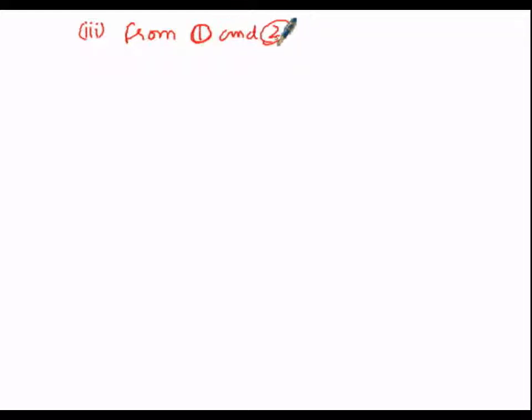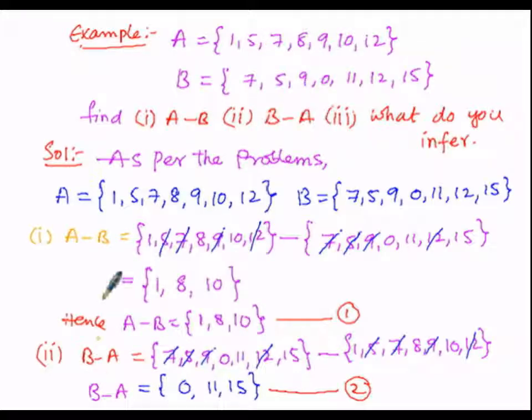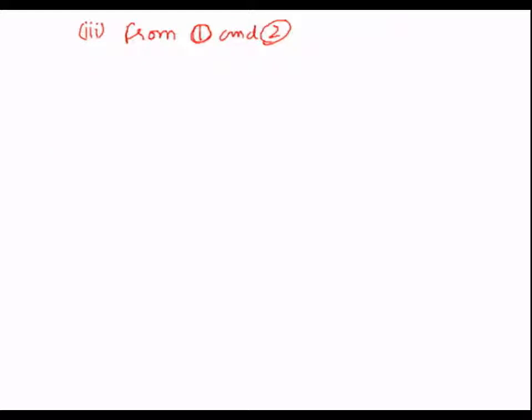From 1 and 2, the first one is A minus B. So here A minus B equals the set consisting of 1, 8, 10 as the elements. So let us write this as the first one.